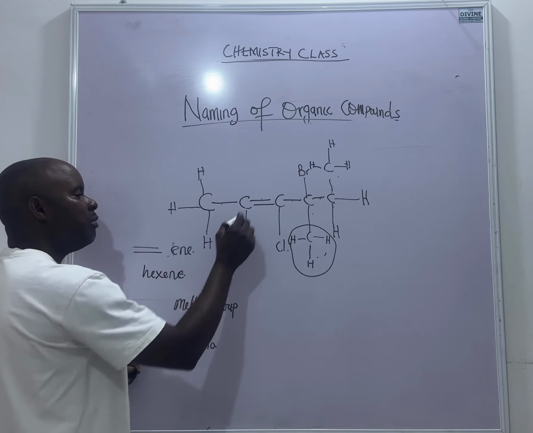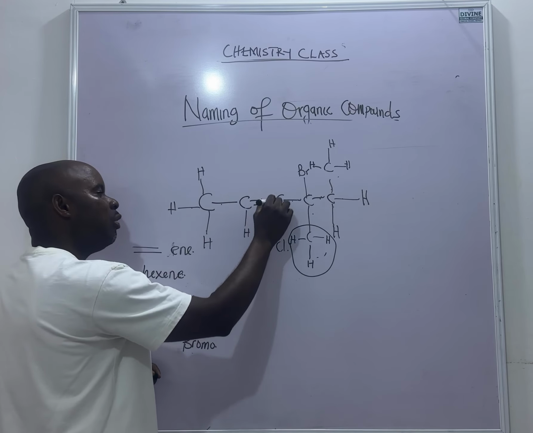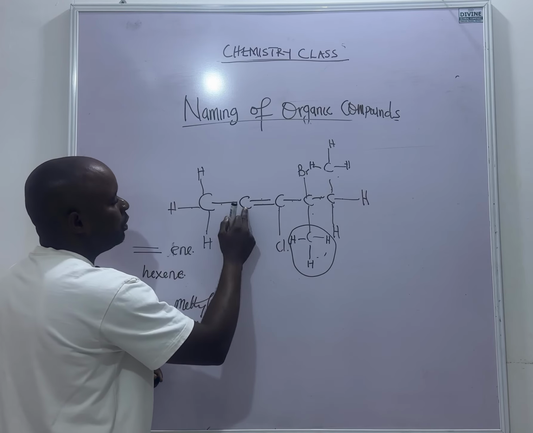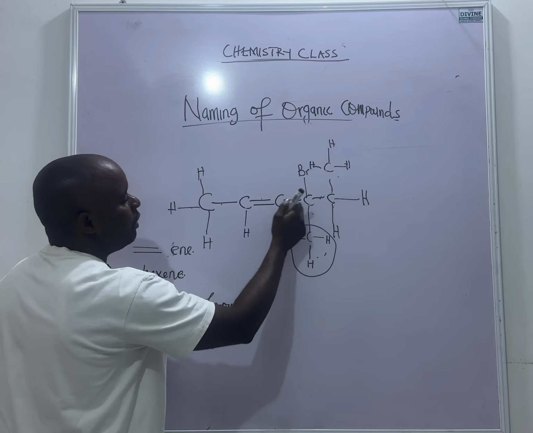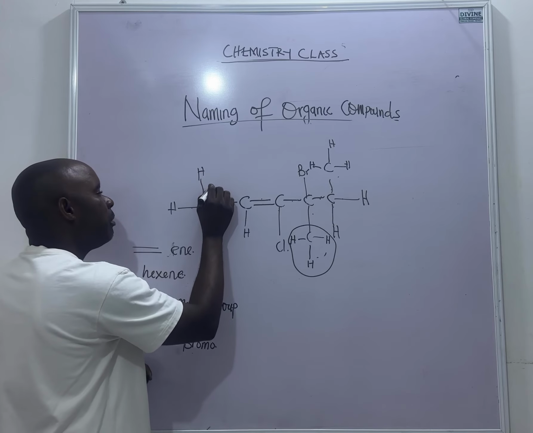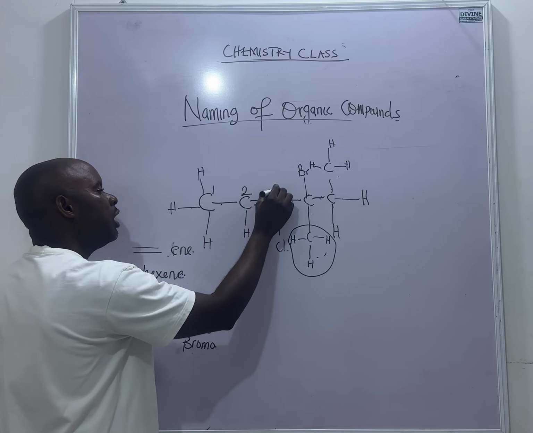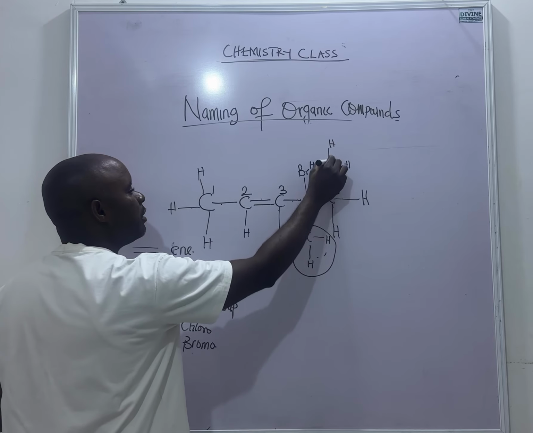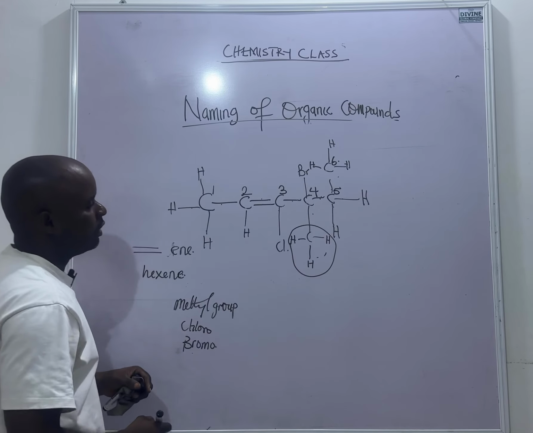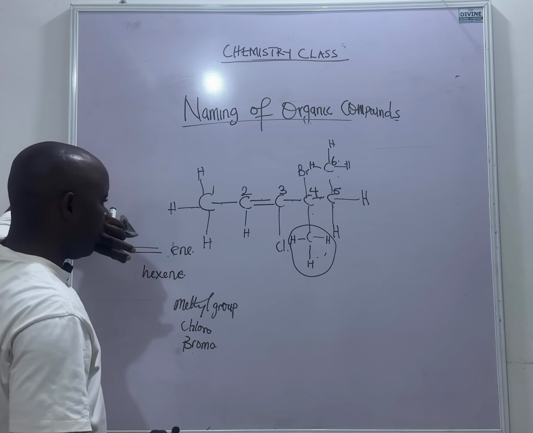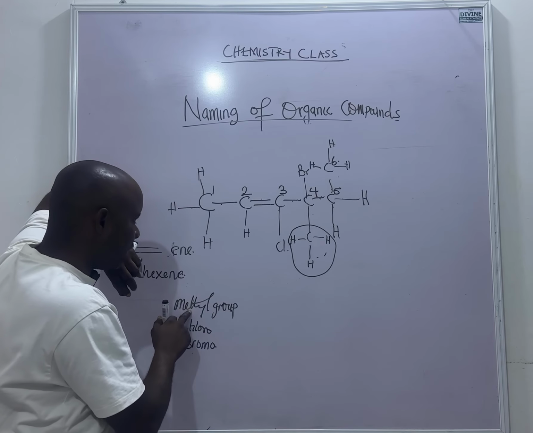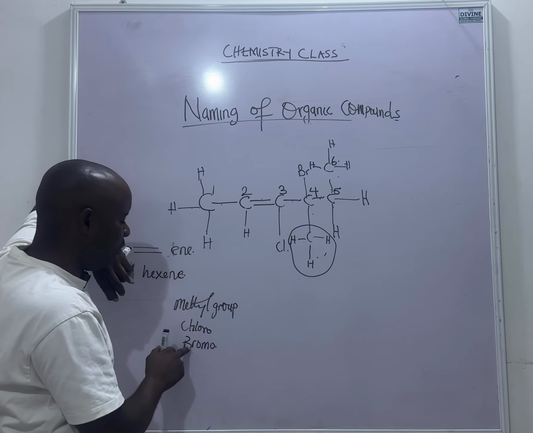We must give the lowest numbering to the carbon that is having this functional group. 1, 2, 3, 4. So invariably, we are going to number from here 1, 2, 3, 4, 5, 6. What can we do here? We have the methyl group, the chloro, the bromo.